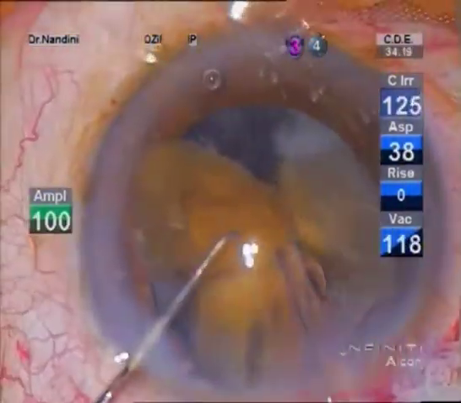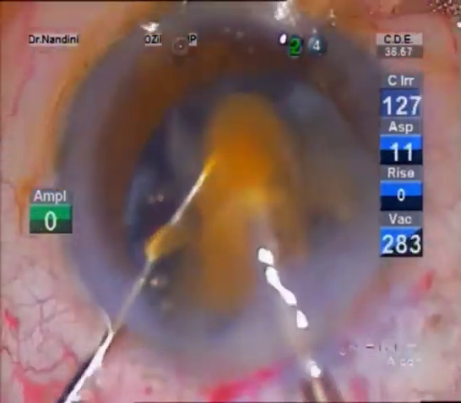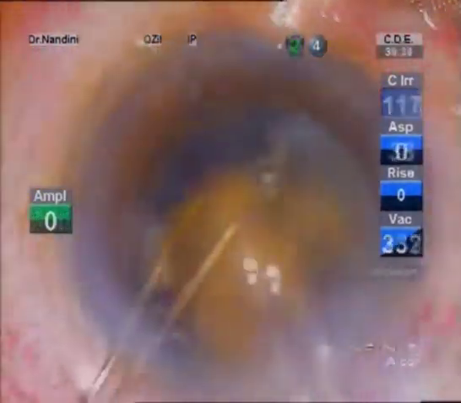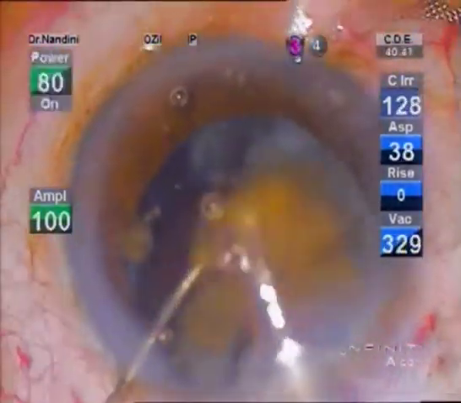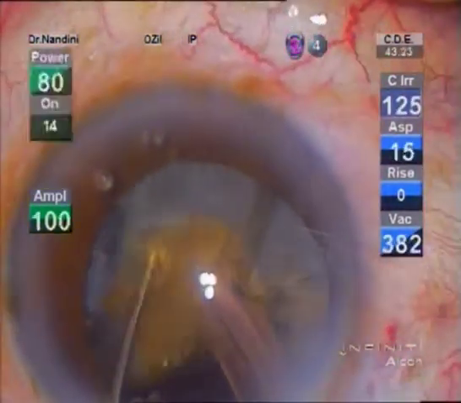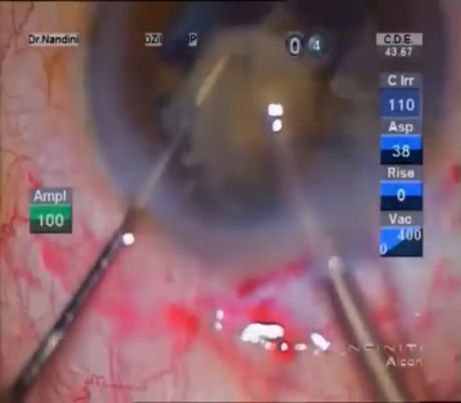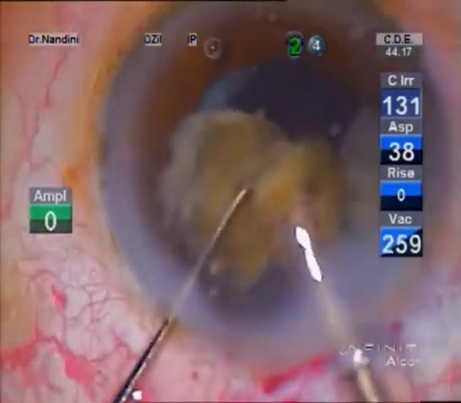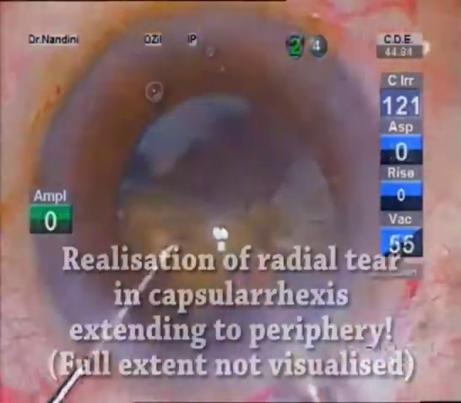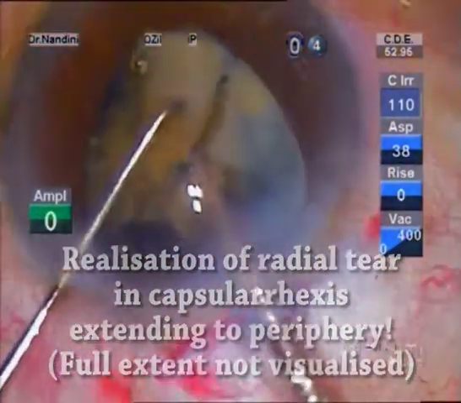Surprisingly, during the course of removing the wedges of cataract, there is radialization of the capsularrhexis extending peripherally beyond the pupillary margin.